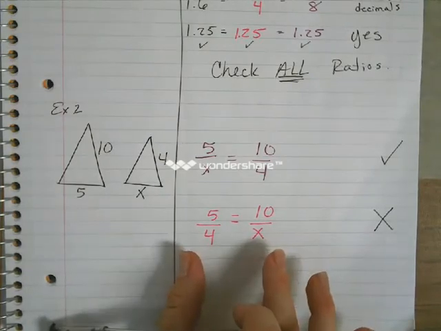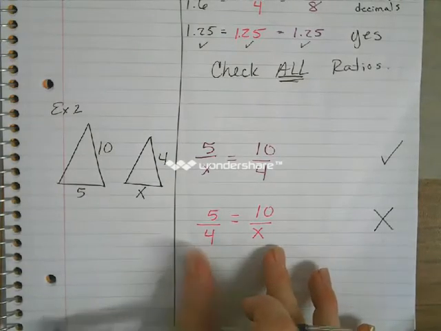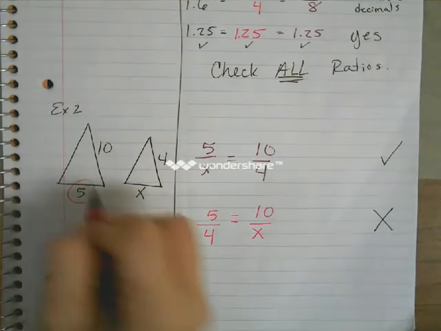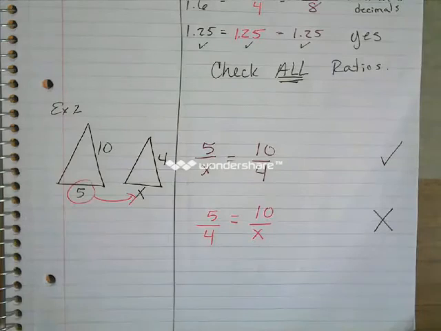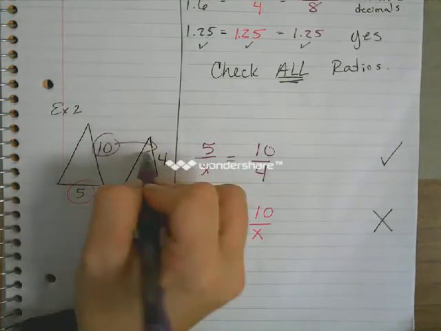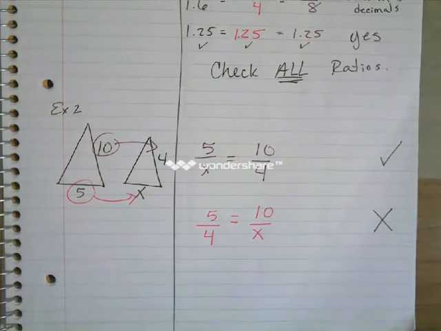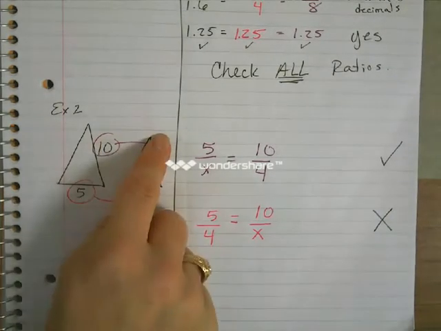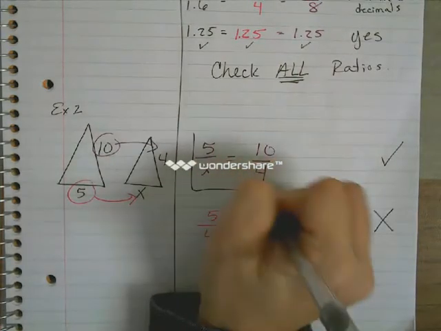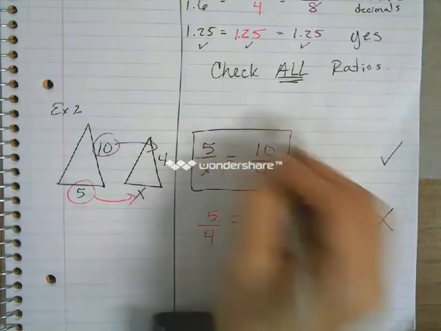If I did 5/x, then I must do 10/4. I have to stay consistent. One way you can check this is to put a box around your proportion and check all the way around the box. 5 and 10 come from the same triangle.